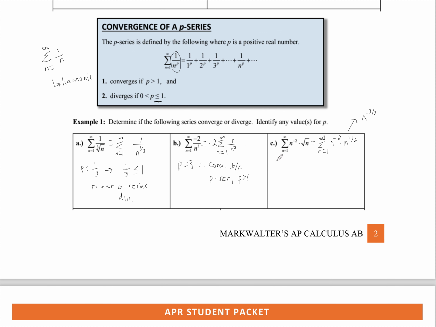What does that mean? This is a series then that looks like this: the sum from 1 to infinity of 1 over n to the -3/2, that's 1 over n to the +3/2, right? So this is a p-series where p is 3/2. Then we can say it converges because p is greater than 1.